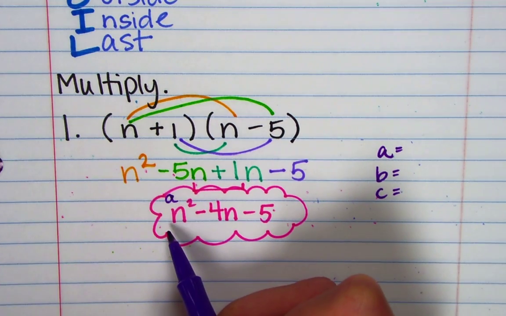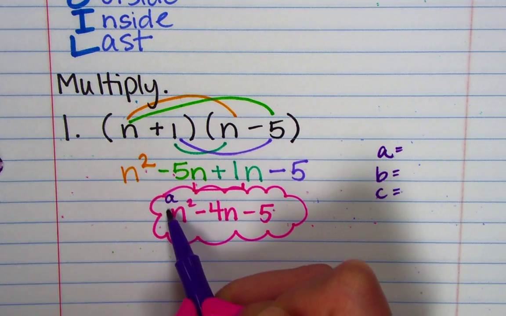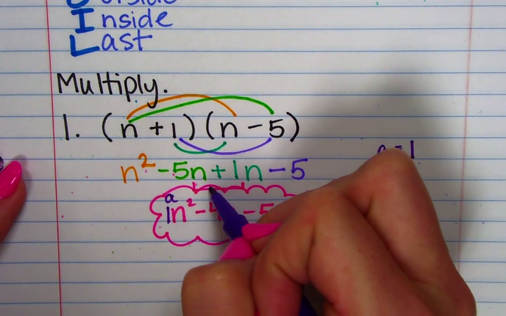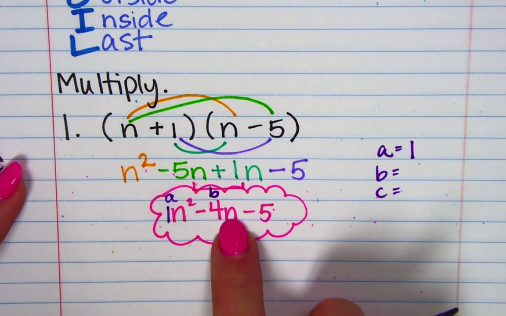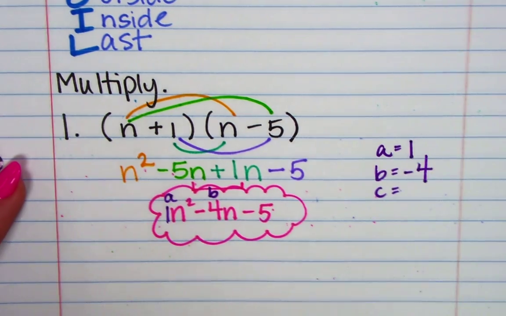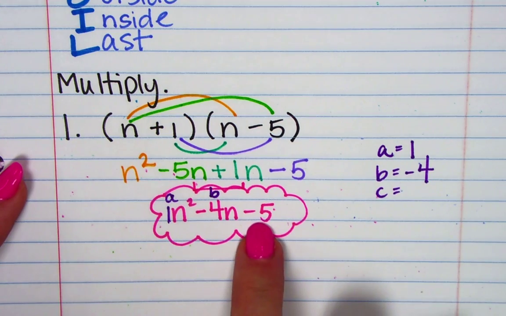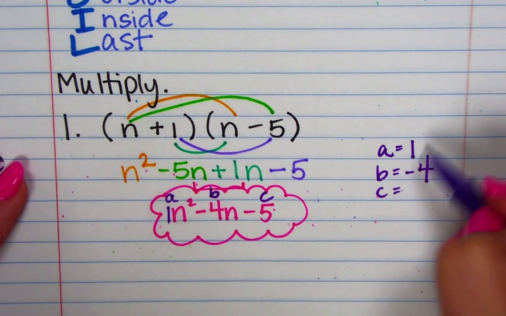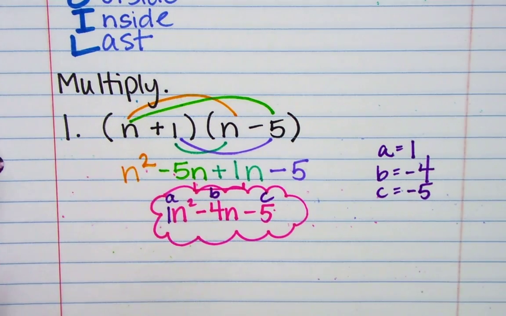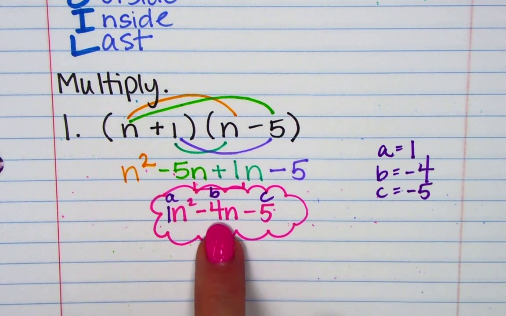But there's not a number there, so what is it? It's 1. So a would be 1. Then the number in front of the variable by itself is b, so that would be negative 4. And the number by itself, the constant, is c. Negative 5. Good.